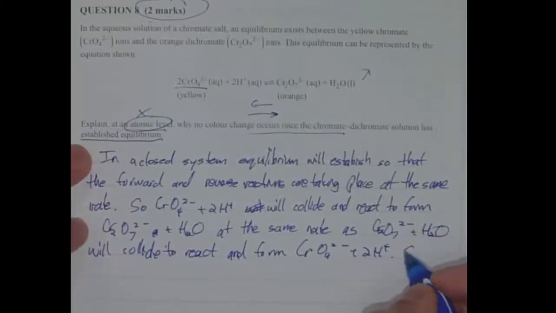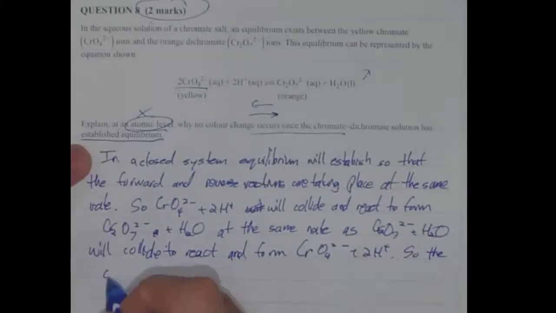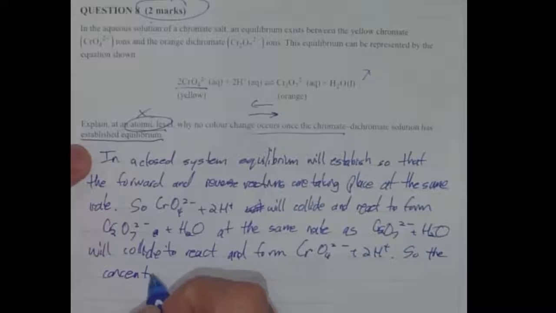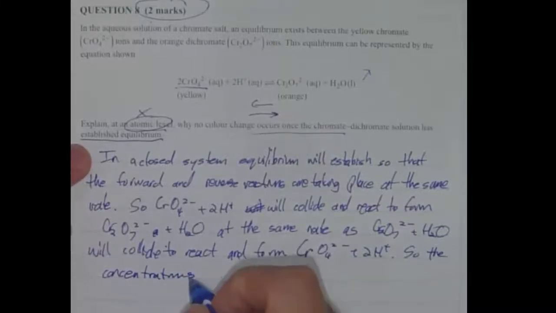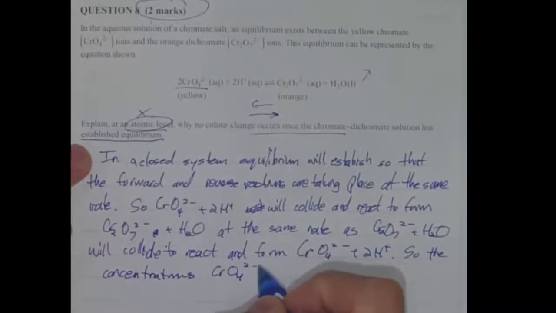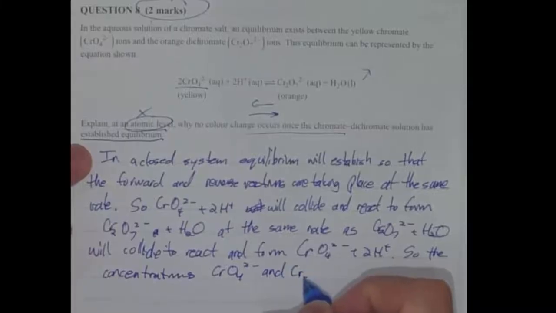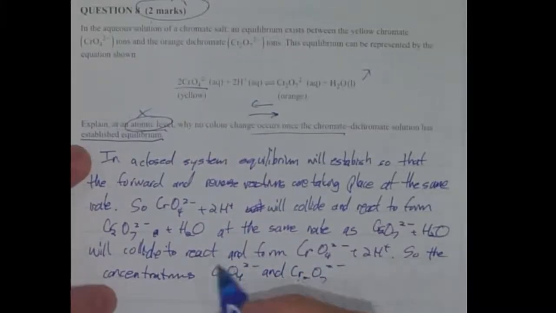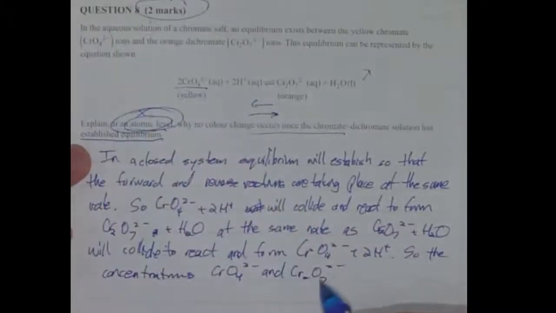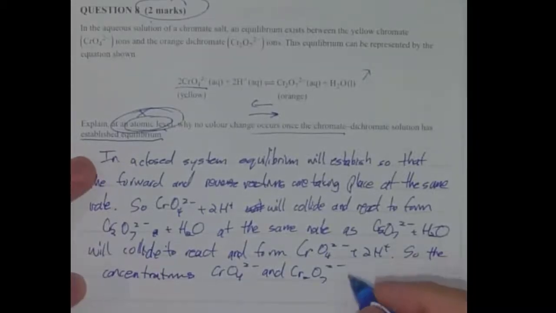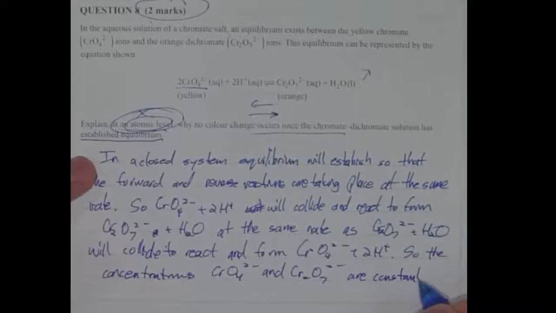So the concentrations of CrO4 2- and Cr2O7 2- are constant. This is how I'm assuming this is atomic. So no net color change.